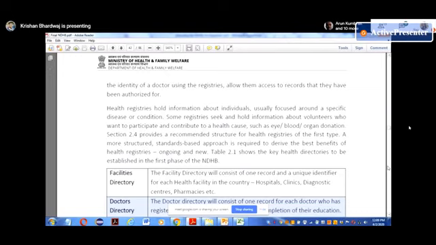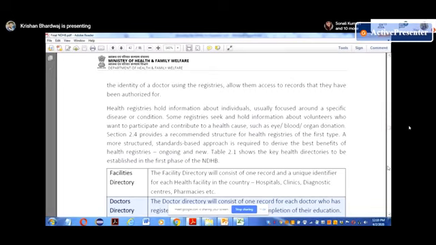But then the challenge is that it will close the shop of all the quacks and others. Or if the government allows everyone to register, then everyone will become an RMP, registered medical practitioner, even a Bengali Babu, a Bengali clinic.